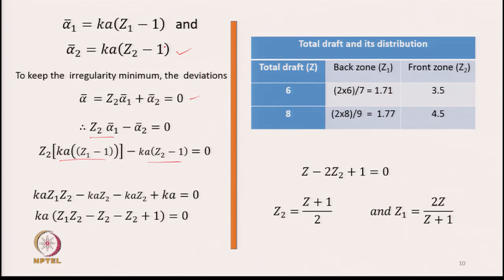If we go step by step, we will find that we get an equation where kA into Z1 Z2 minus Z2 minus Z2 plus 1 is going to be 0. Now there are two options: either k is equal to 0, or whatever is within the first bracket is going to be 0. If we replace Z1 Z2 by Z, because that is the total draft, we get Z minus 2 Z2 plus 1 equal to 0.